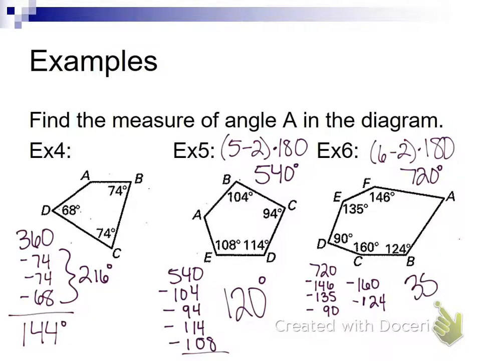Oh, 65? Are we okay with 65 degrees? That's what everybody got? Okay. These ones are pretty easy using a calculator. Just make sure you type it into your calculator correctly. Don't try to go too fast.